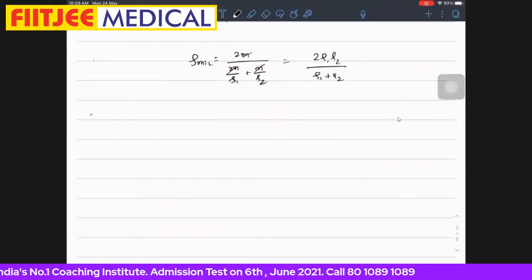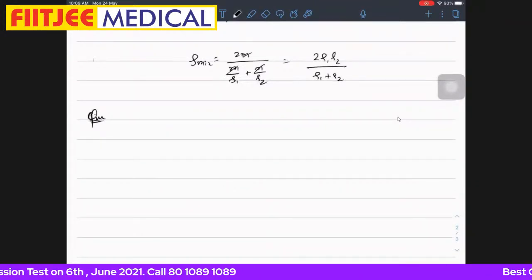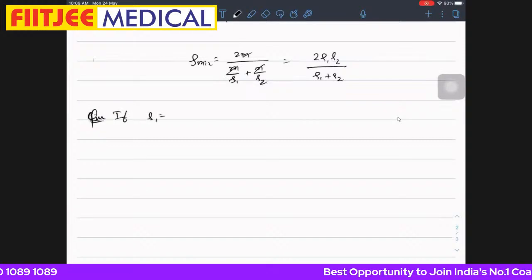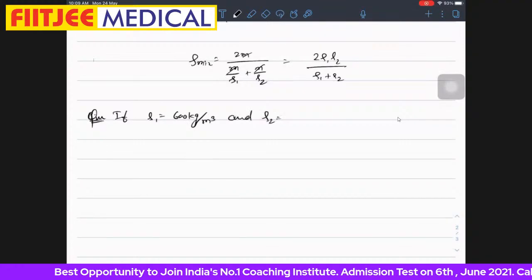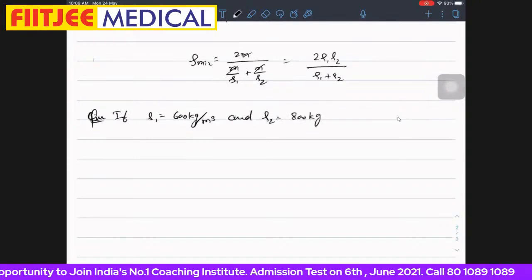I'll take one example. Suppose one liquid has density 600 kg per meter cube, and another liquid has density 800 kg per meter cube.